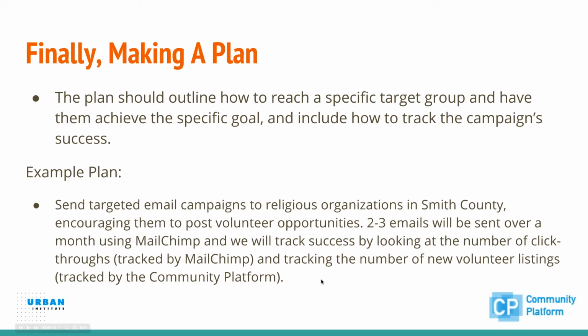That means how many people, after opening the email, actually click on the link and view the site, which MailChimp can track. I'll show that on the next screen. And we're also going to track the number of new volunteer listings. So hopefully between those two numbers, we can learn a little bit about whether we've been successful towards reaching our goal.